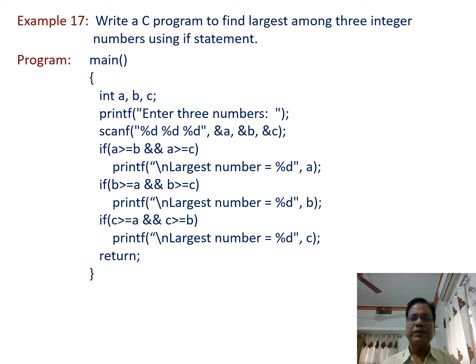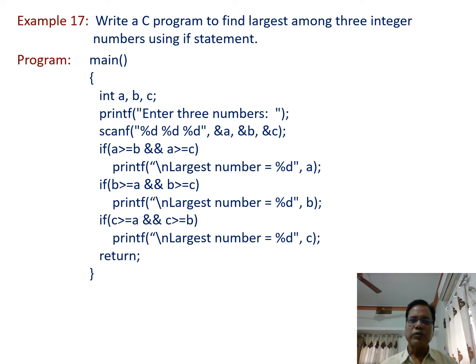Now in the first if statement, if a is greater than or equal to b, here relational operators are used. And the logical AND is also used: a is greater than or equal to c.